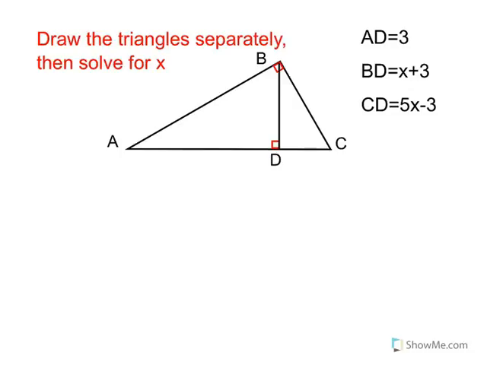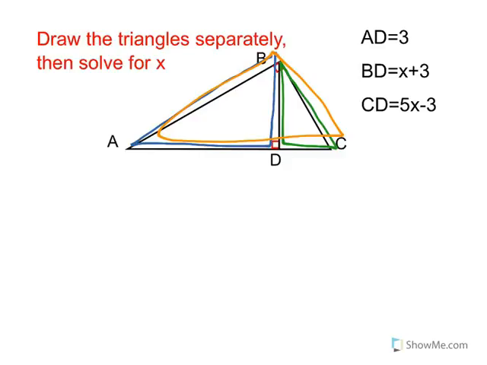Okay, so now we're going to put some numbers with it. Look at our three triangles. So we have the one on the left, the one on the right, and then the whole thing. Draw them all separately.